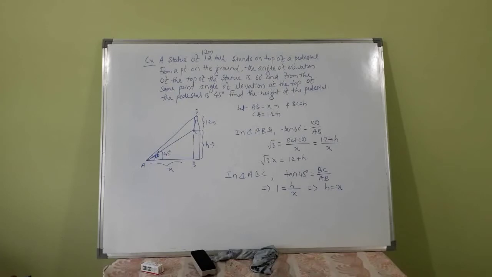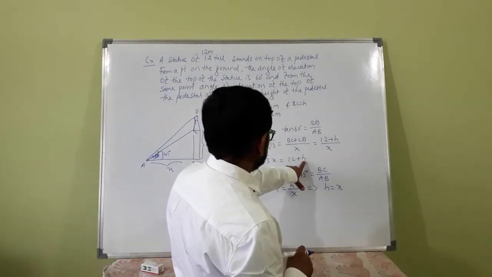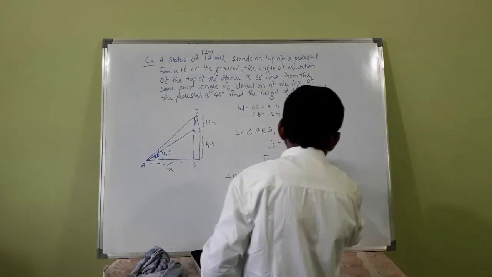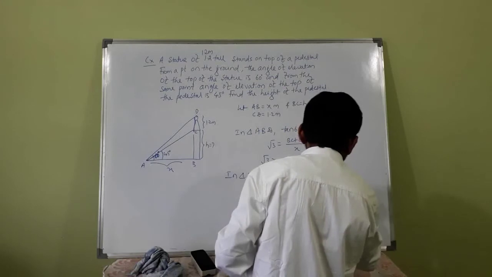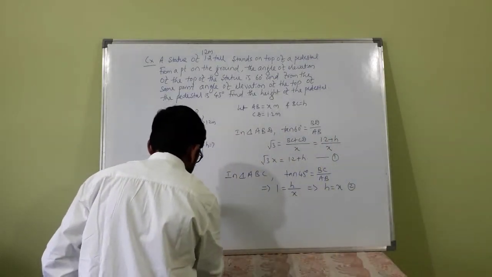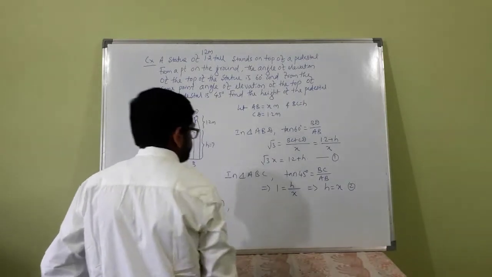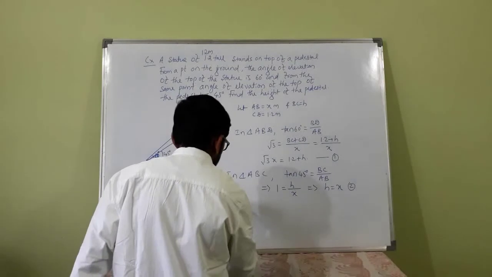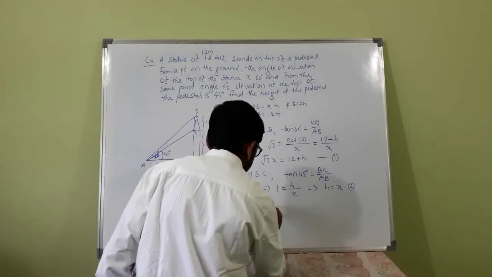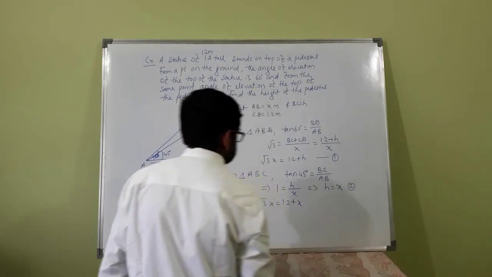Now if you substitute x here, you will get root 3x is equal to 1.2 plus x.